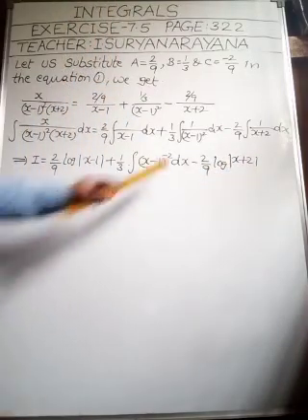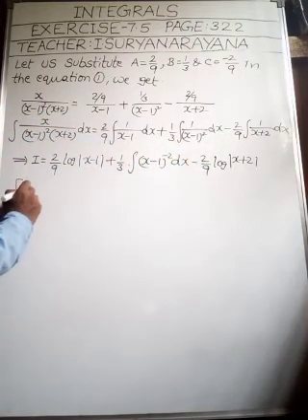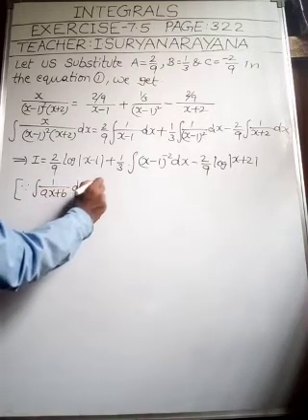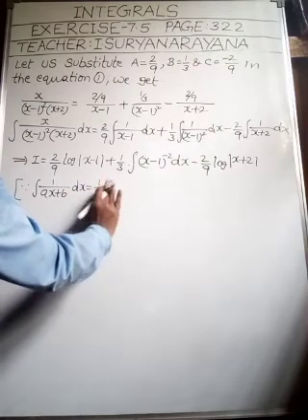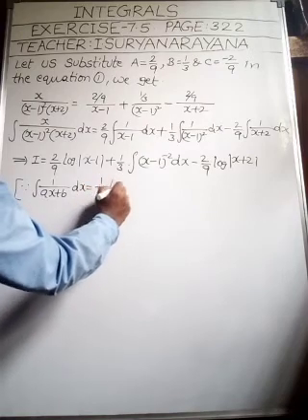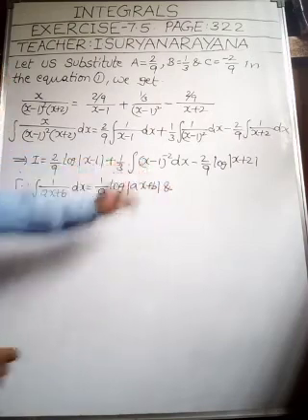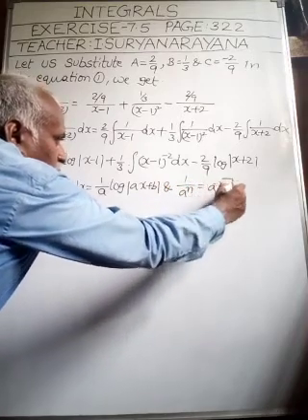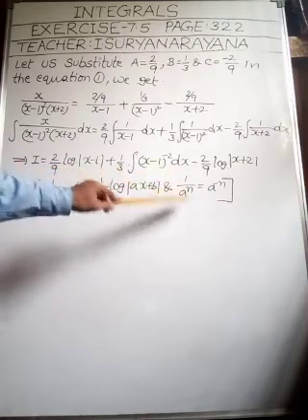Integral of this last term also same as the first term, because integral 1 by ax plus b dx is equal to 1 by a log mod ax plus b, and this is written by using this law of exponents. The second term is written by using this law of exponents. Okay, my children, understood this one?